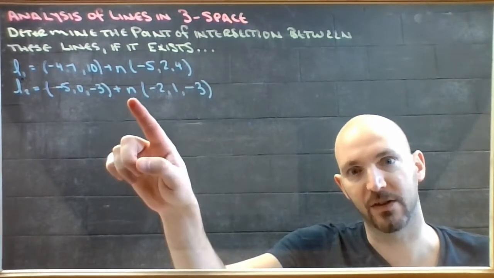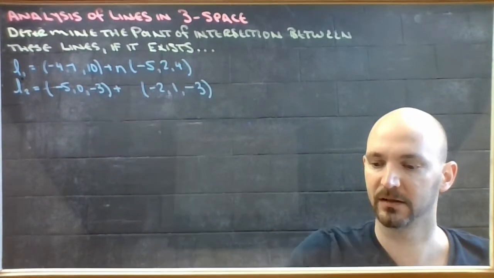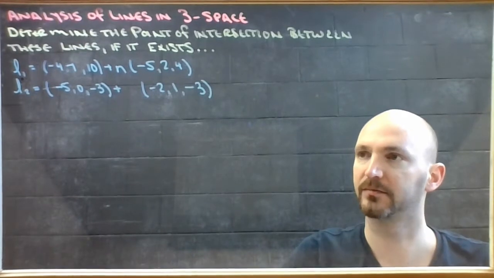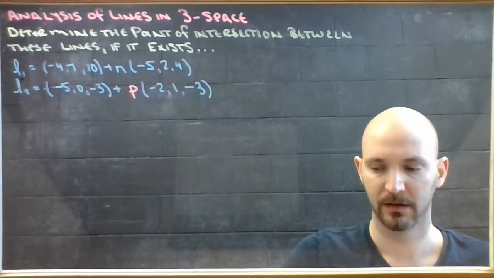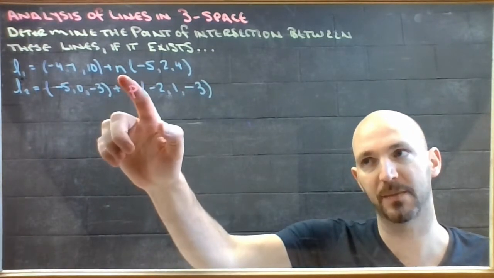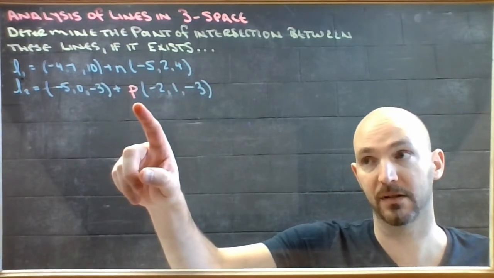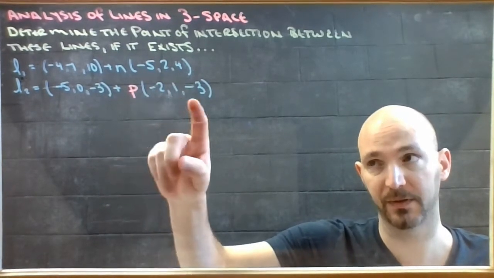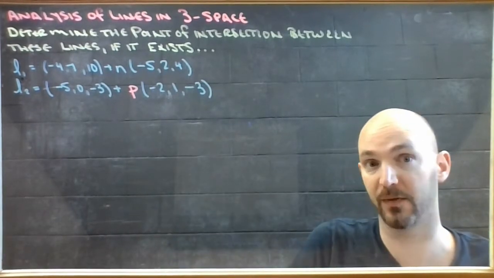So I need to change this counter so I can keep them separate. So I'm just going to choose a different letter. I'm going to choose P there. So by the time I'm done, I will have figured out how many jumps along n I'll have to take, and how many jumps, p number of jumps I'll have to take along this to get to the place where these lines cross, if it exists.